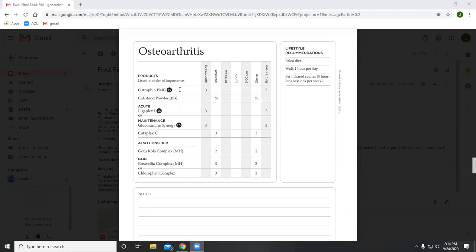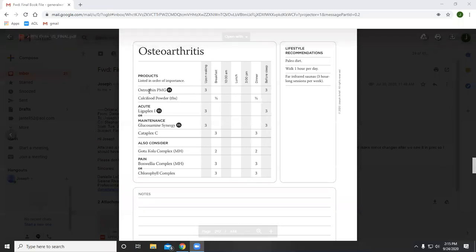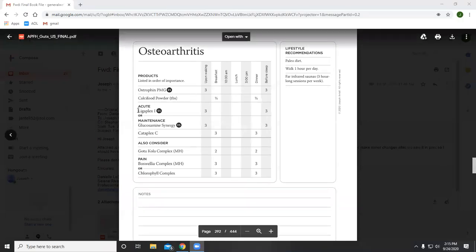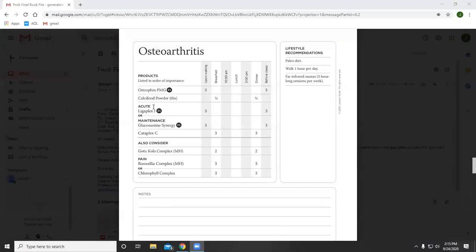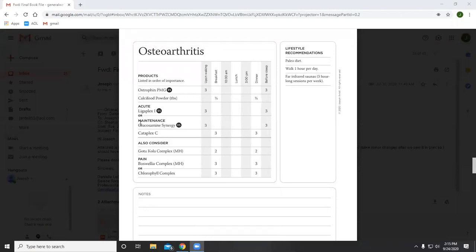But just to finish here, because I know we're getting on, I went over the Ostrophen, the calcifood, I can send you that. And remember that certainly, glucosamine sulfate helps with that joint. It decreases that surface tension in the joint on the surface where the joint hits the joint.